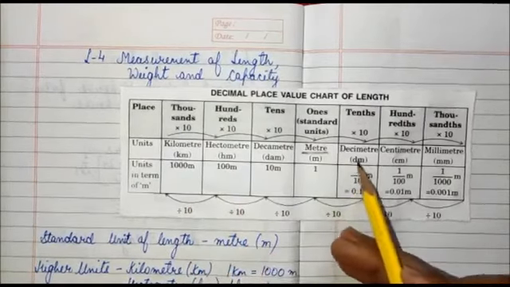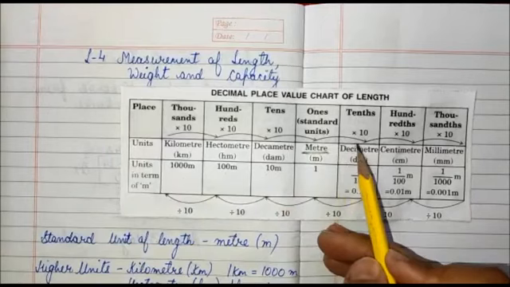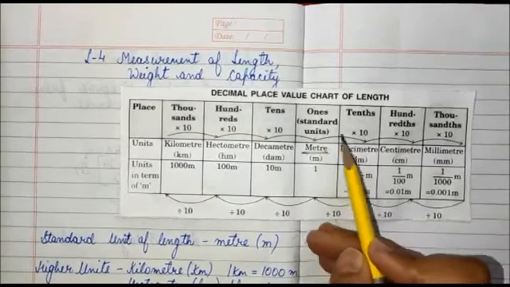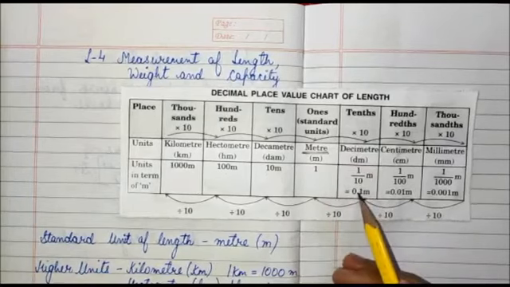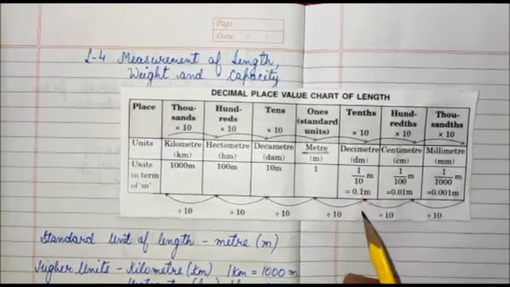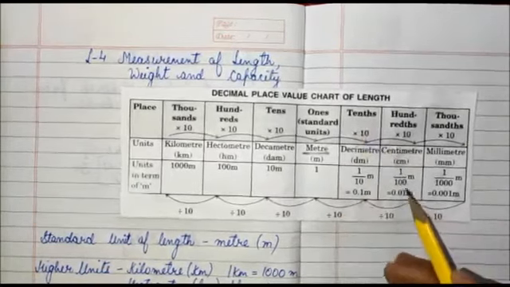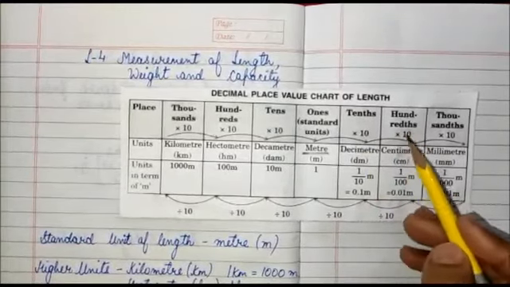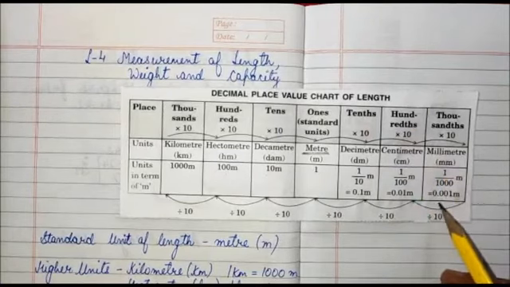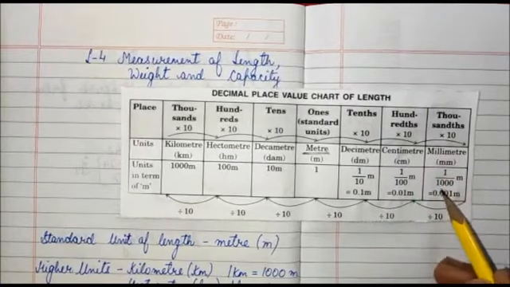However, let's move to the opposite side. Here it is being decreased by 1/10. When you are going towards the right side of this standard unit, it is 1 by 10, which we also say as tenths. Then it's again decreased by 1 more 10, which is called hundredths. And 1 more, which is called thousandths.